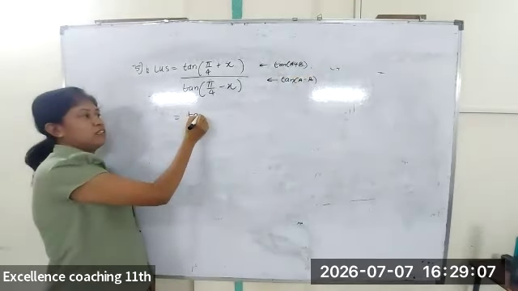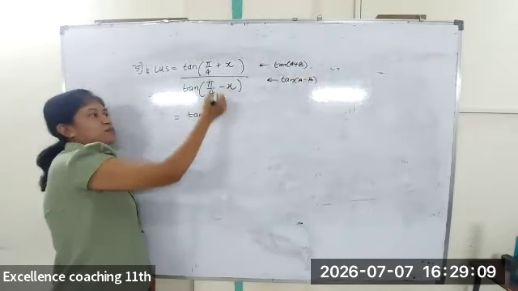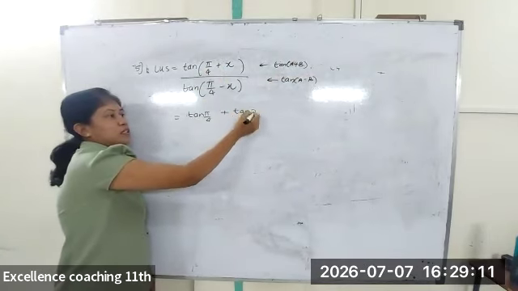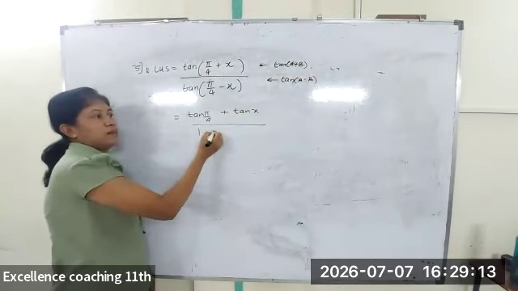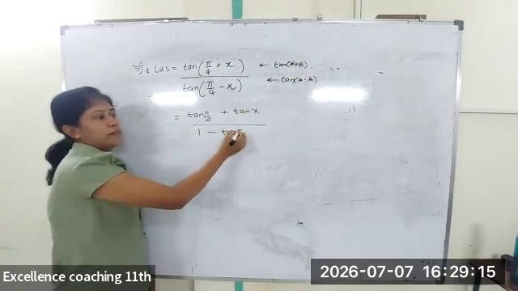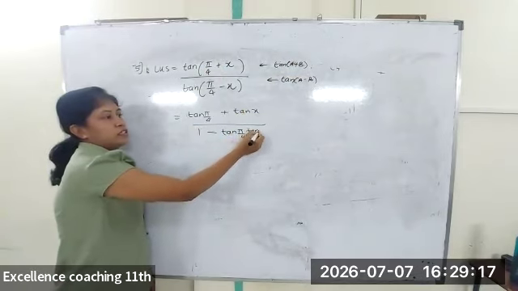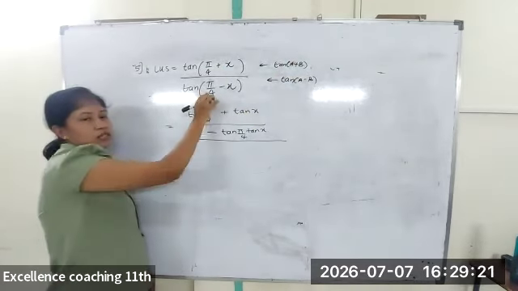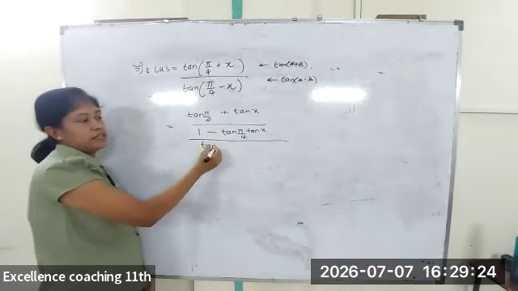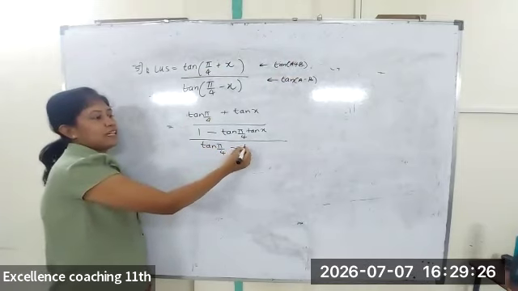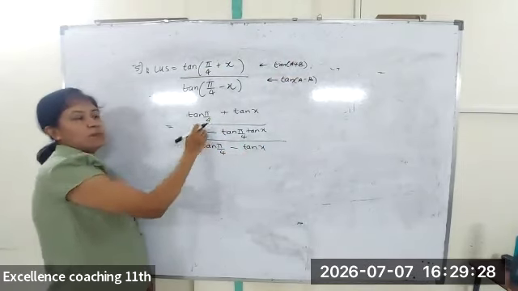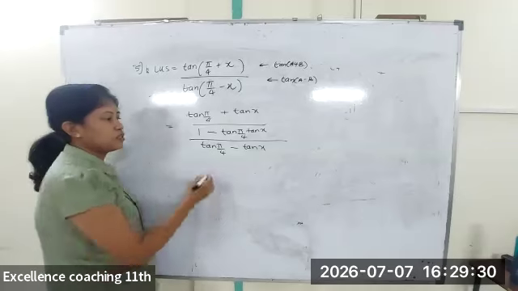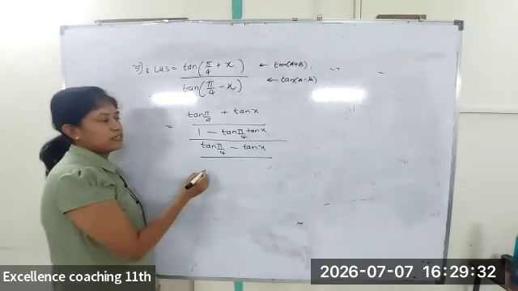Since this is plus, this will be plus. Then you have to multiply them with the opposite sign. This is about the numerator. Same way for this one. You cannot cancel anything directly, because they are all plus and minus signs. There is no multiplication, so simply we cannot cancel.